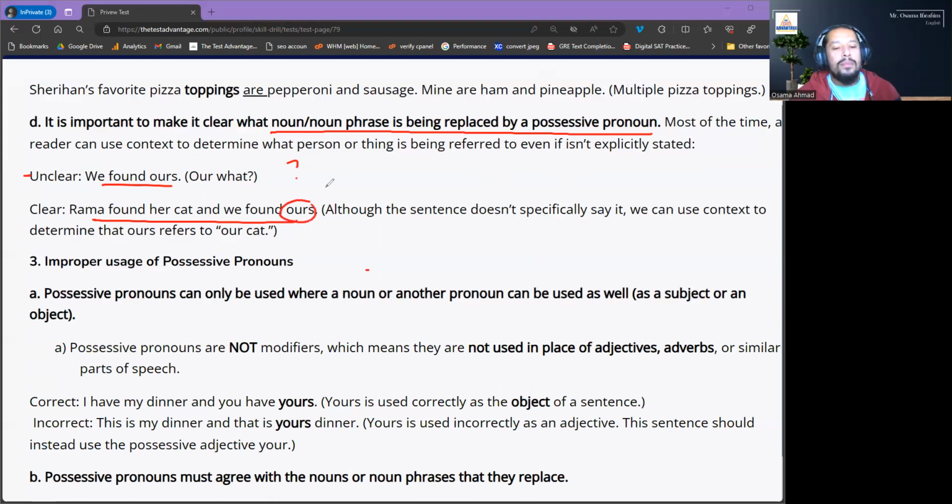So here, obviously, ours is the possessive pronoun. But what are we talking about in the sentence? Look at example 1 and 2. What are we discussing in example 2? That they found their cat too. They found the cat. So ours also goes back to the cat. Thank you.